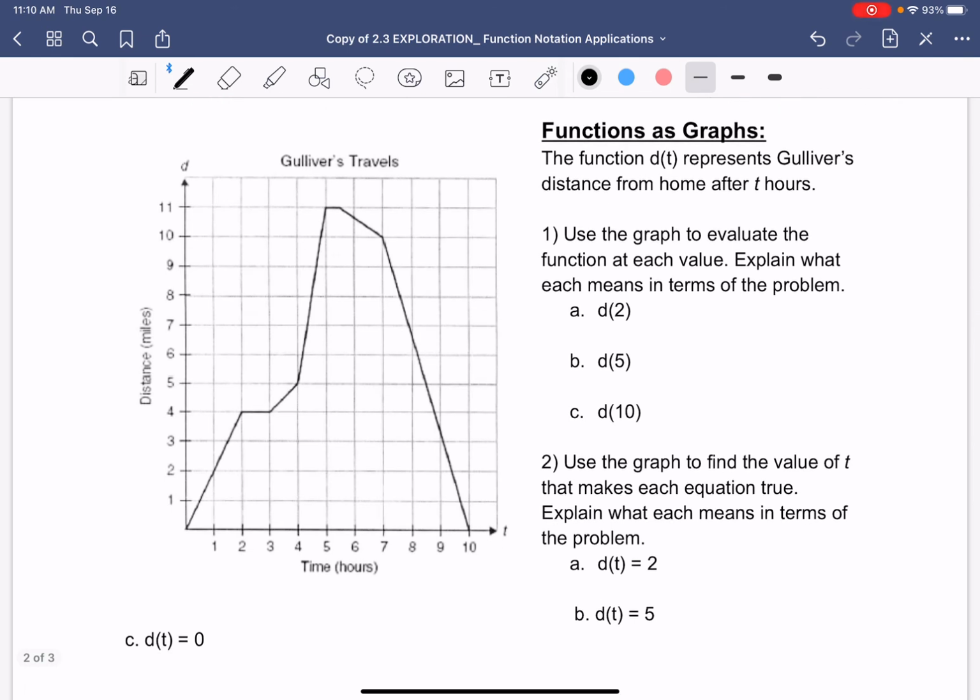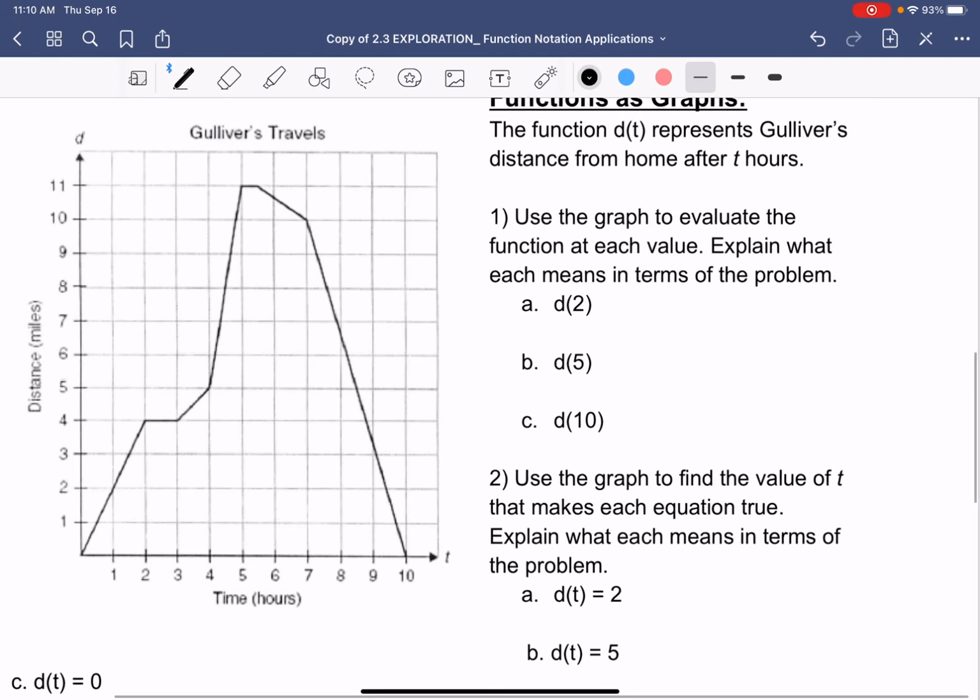All right, functions as graphs. Function D of t, distance of time, represents Gulliver's distance from home after t hours. Use a graph to evaluate the function at each value. Explain what each means in terms of the problem.